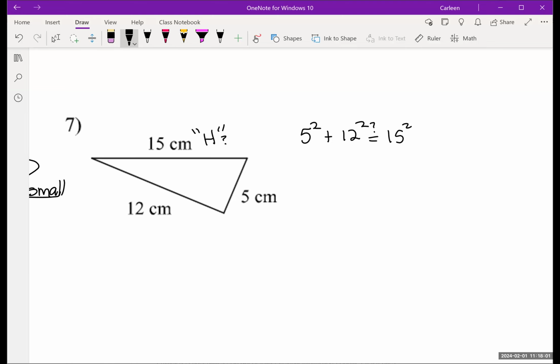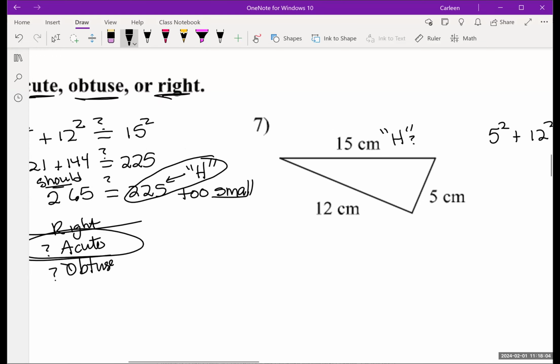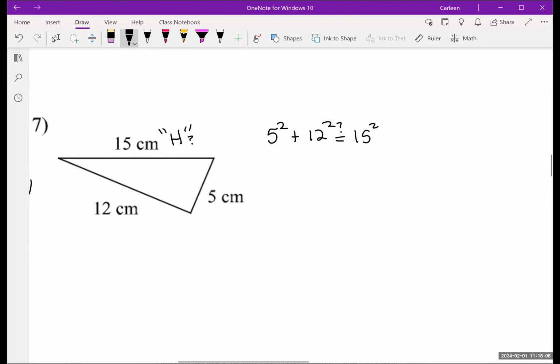The one before was acute. Yes. Okay. So 25 plus 144 is equal to... 169.